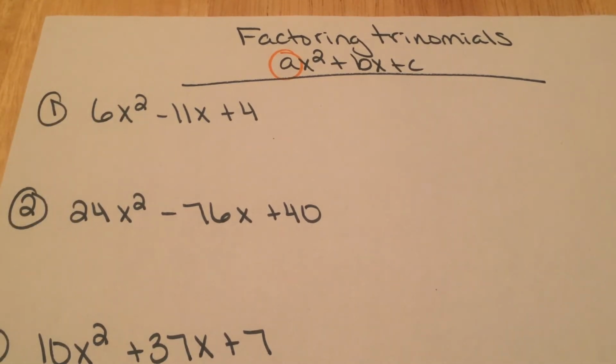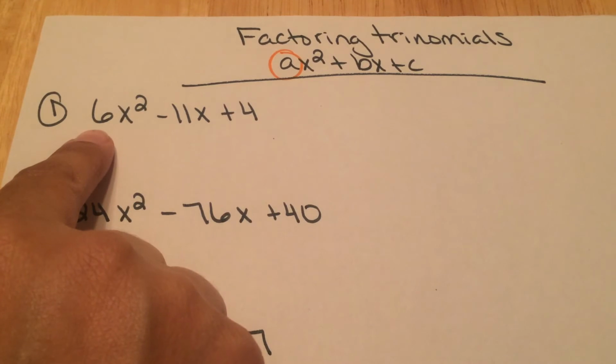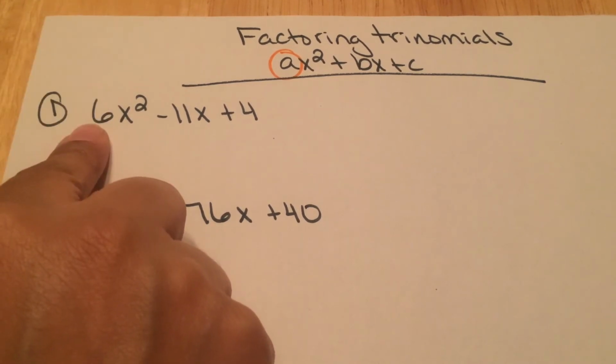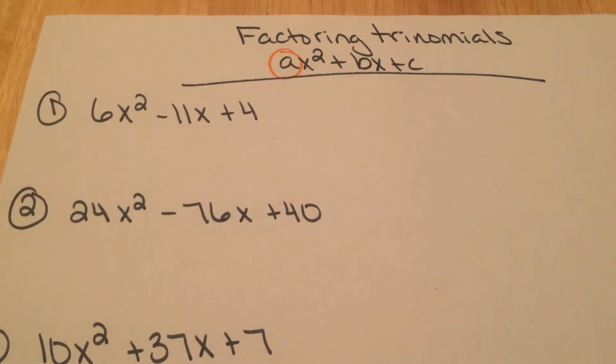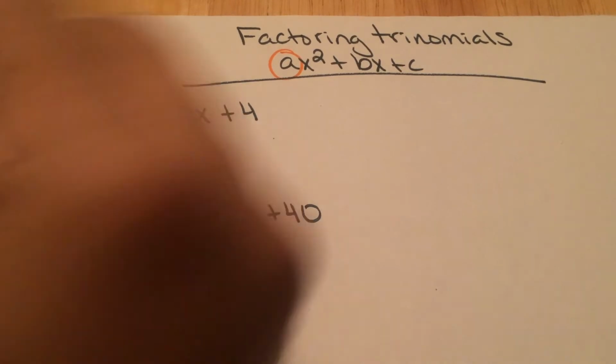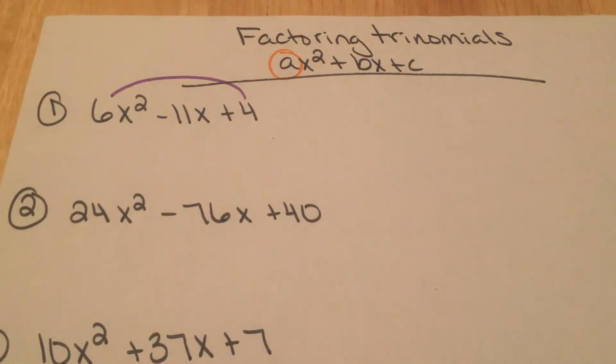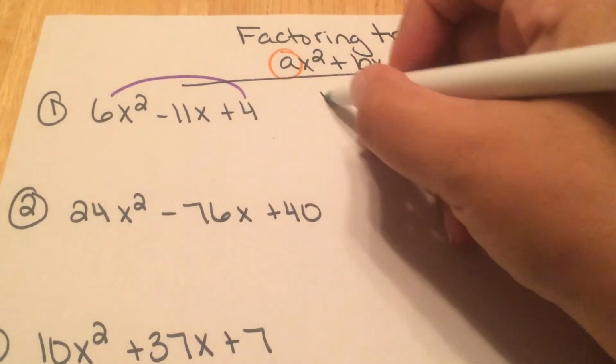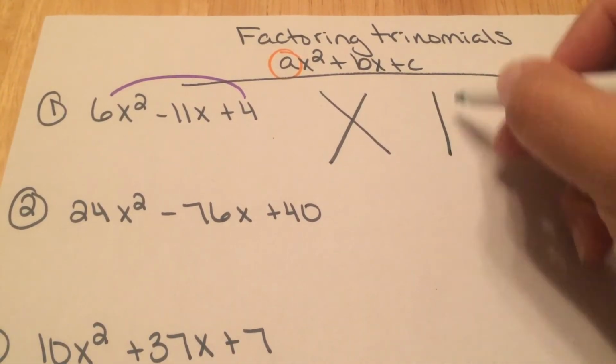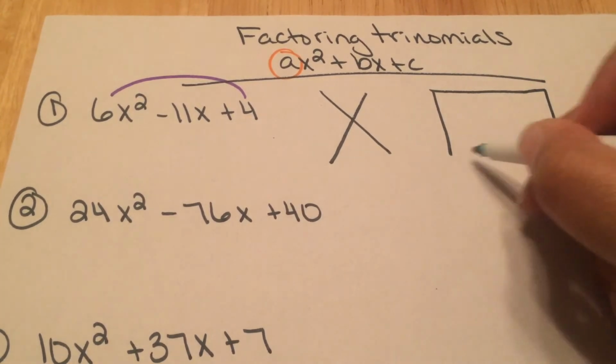So we're going to start off the same way. First, our GCF, which I haven't been doing. Is there anything common between 6, 11, and 4? No. So I'm just going to go ahead, because it's a trinomial, and anytime I know I'm factoring trinomials, I know it's going to have an x puzzle and a box.